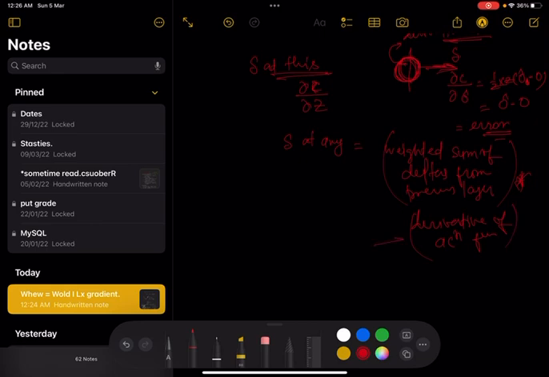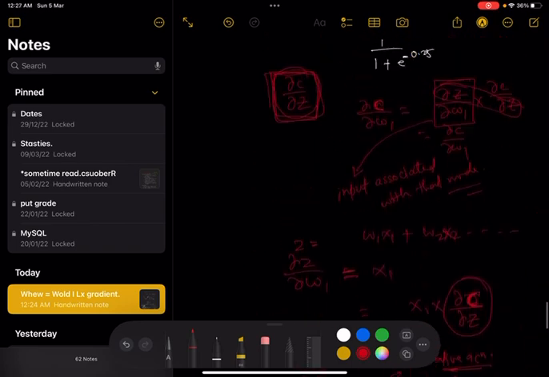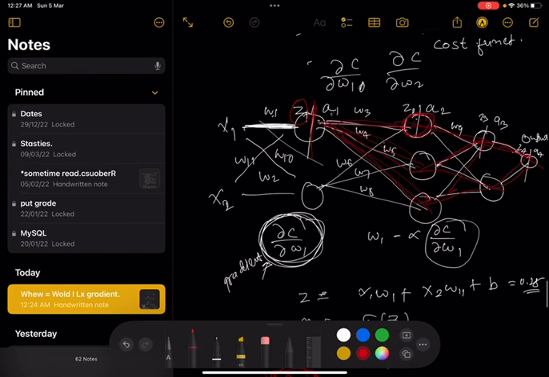For sigmoid, the derivative of the activation function is a times 1 minus a, that is, output times 1 minus output. So if in the forward pass you know the output at any layer, you can calculate the derivative of the activation function. If you know a2, it's a2 times 1 minus a2.